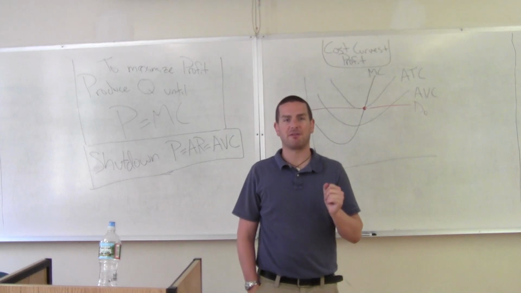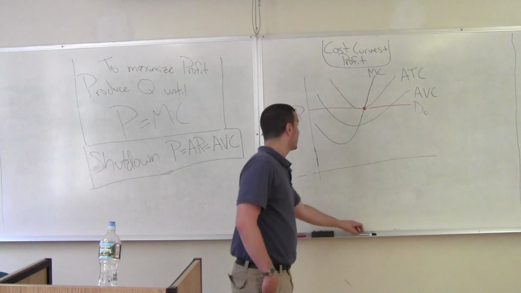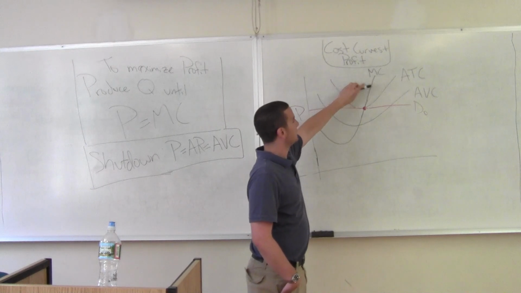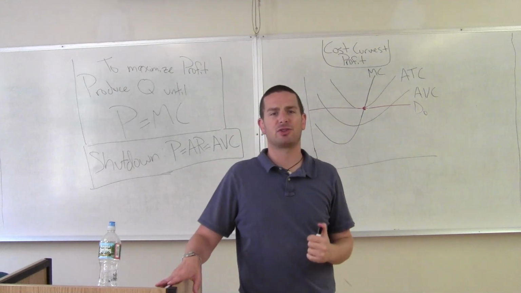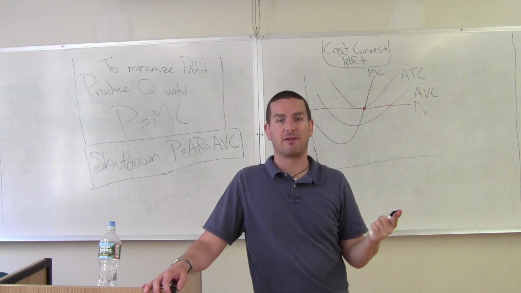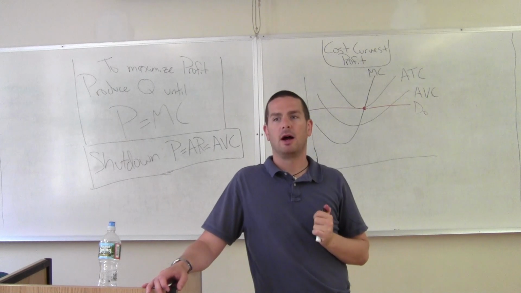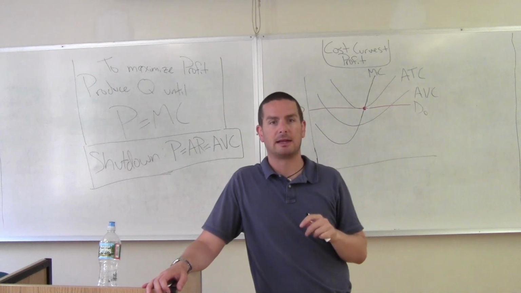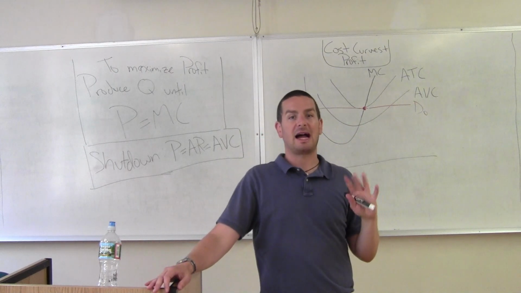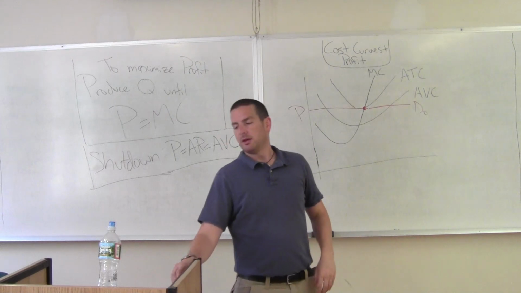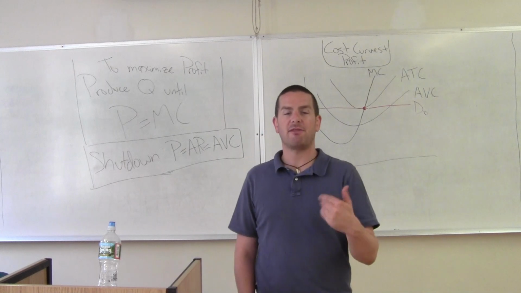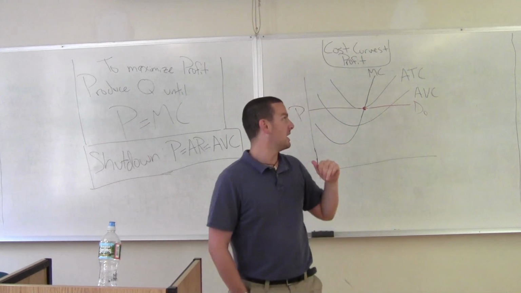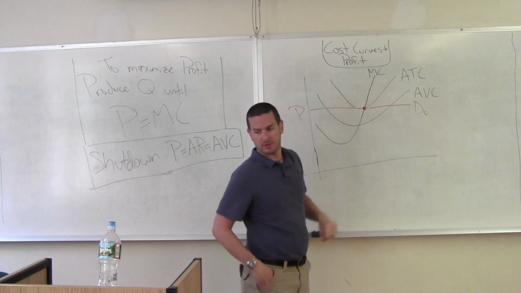You only get to make profit if the price is higher than the average total cost curve. Okay? If the price is higher than the average total cost curve, then you will make profit. Which in the long run goes away. We'll see in a second, which is why this is highly questionable. But for now, you get to make profit if you have a demand curve like the first one that we went over. Okay?